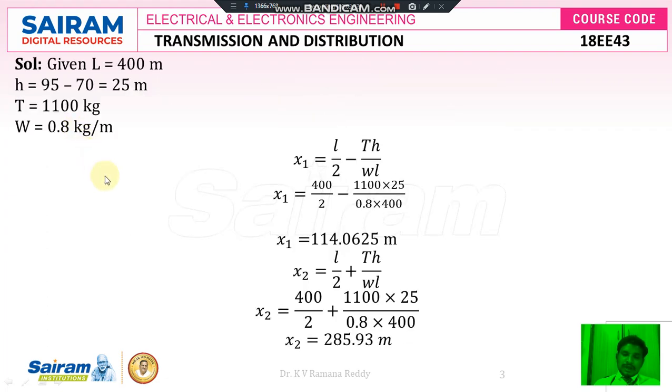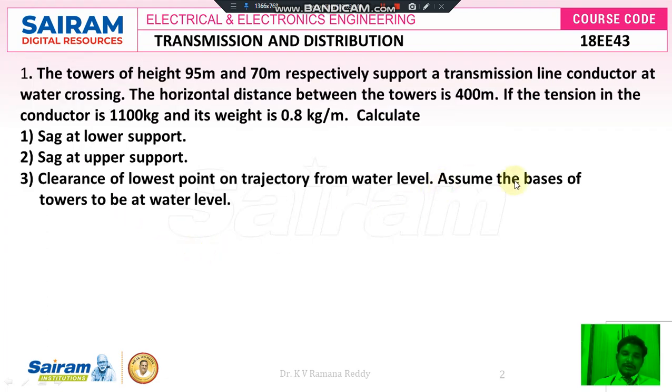For suppose in the problem they change any of the data, for example the tower A height or tower B height, then instead of the water level height we have to find the solution with respect to tower A height and tower B height. Like this we can find the solution for the three unknown parameters: sag at lower support, sag at upper support, and clearance of the lowest point on the trajectory from water level. Thank you.